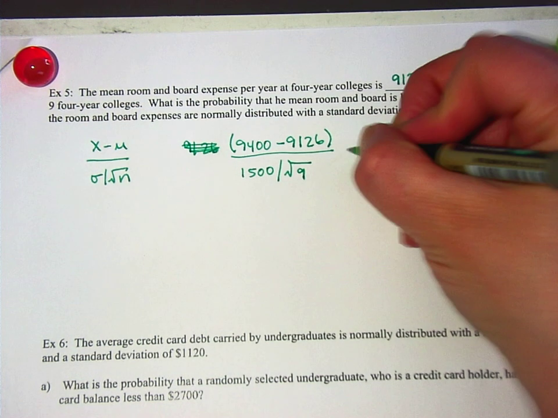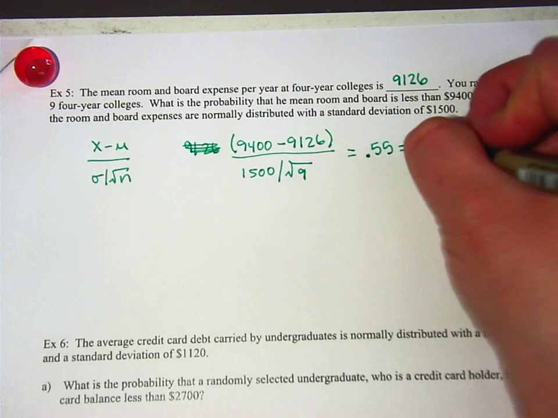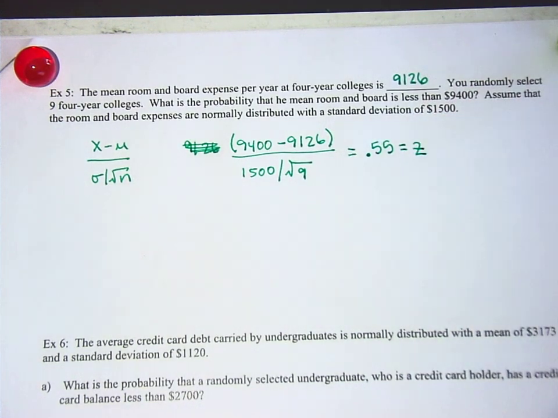Which, if you do correctly, should give you a z-score of 0.55. You guys confirm that for me? Okay. All right.